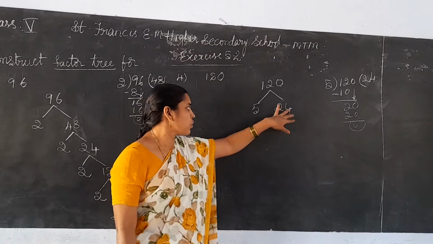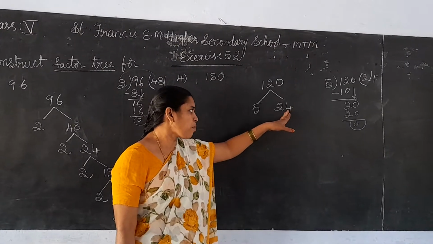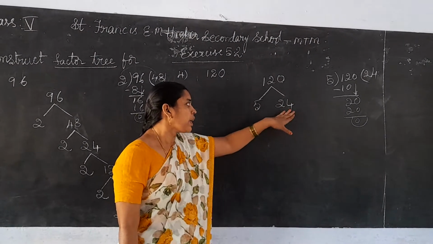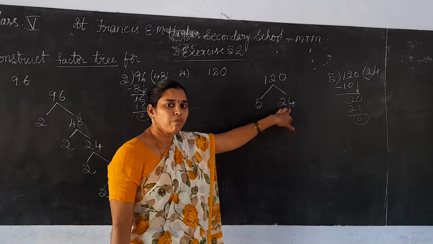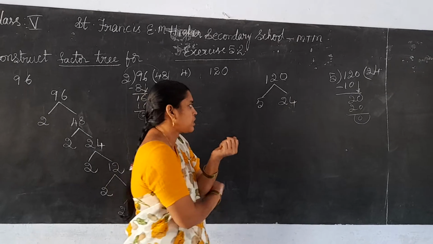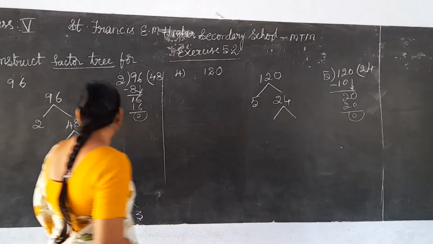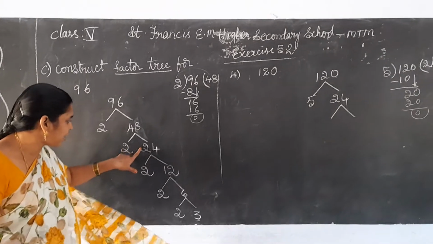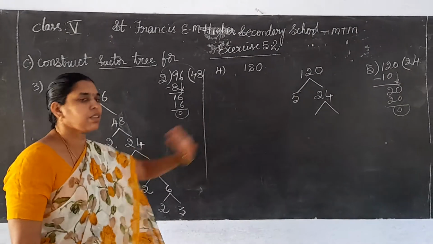But is 24 a prime number? No. So this is a composite number. This is a prime number. Again this composite number, you can write as a product of prime numbers. See, 24. Which table will go? The 2 table. See here, 24. Again you write like this. This tree branch will come there also.